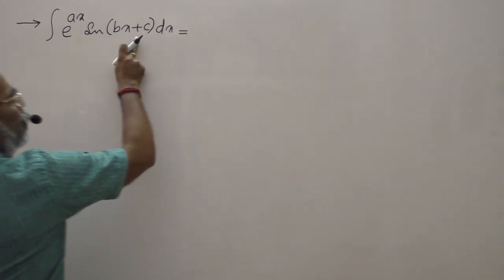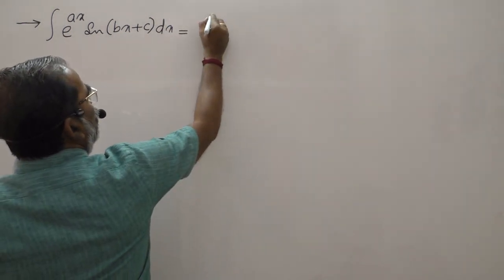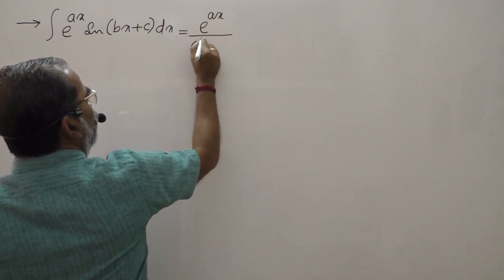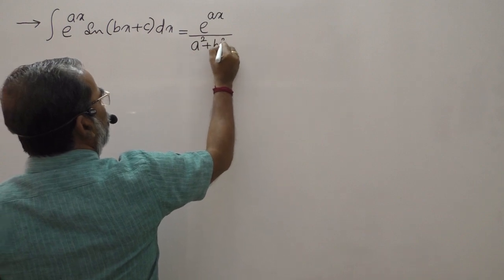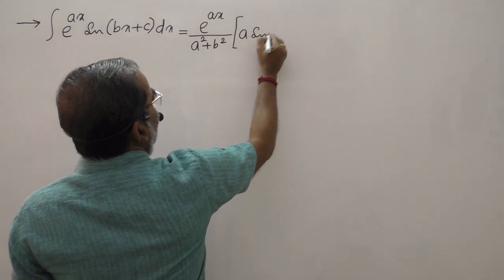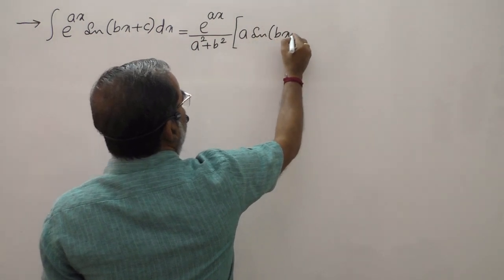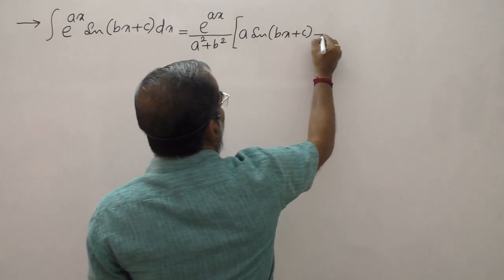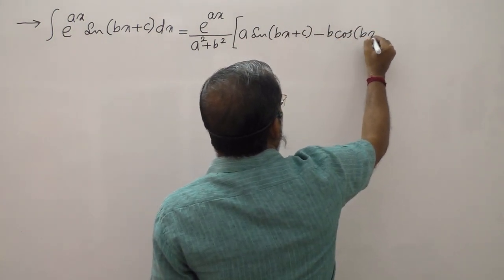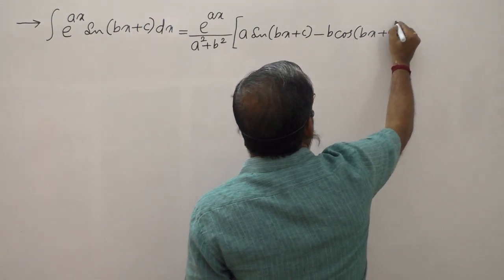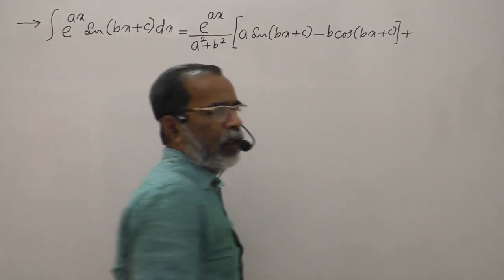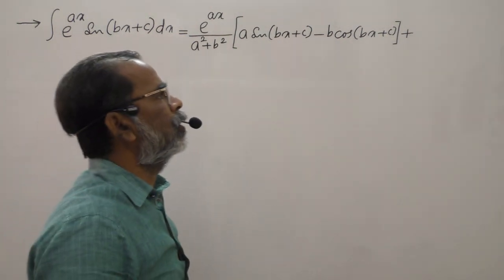The integral of this product is e power ax divided by a square plus b square, into a into sine of bx plus c, minus b into cos of bx plus c. Since it is an integral, there should be an arbitrary constant.